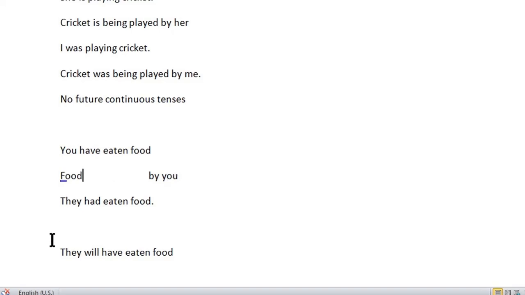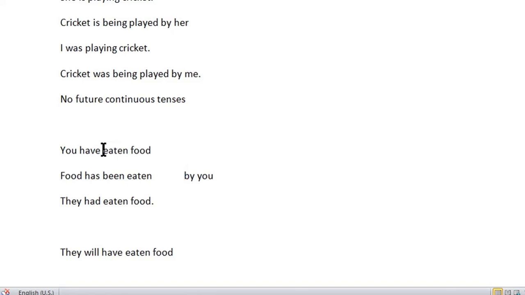Here with "you" we use "have", but food is singular, so we use "has": food has, and we take the helping verb of the present perfect continuous, that is "has been", and we use the third form, eaten by you. Perfect tenses have has, have, had in them. Whenever you see has, have, had in any sentence, you don't need to change the form of the verb, because has, have, had always take the third form.